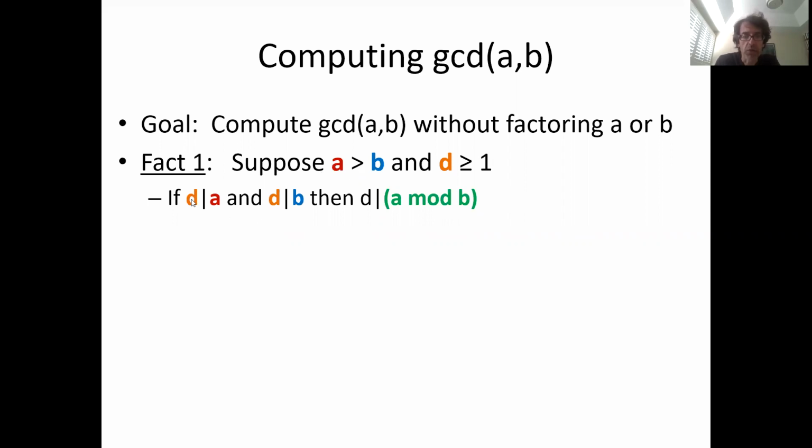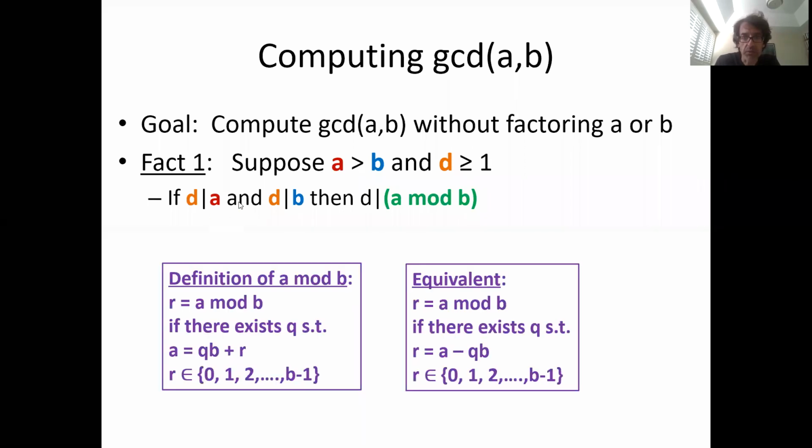All right. So let's look at why this is true. The definition of A mod B is that it is an integer R that satisfies the following. First of all, it's some integer between 0 and B minus 1. Secondly, there exists some integer quotient which makes this equation true.